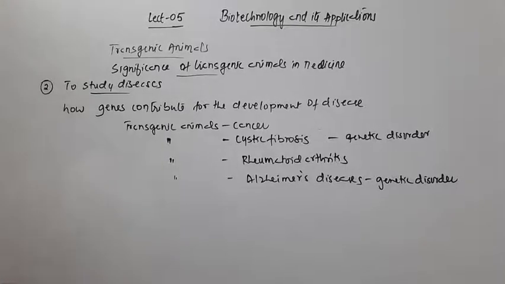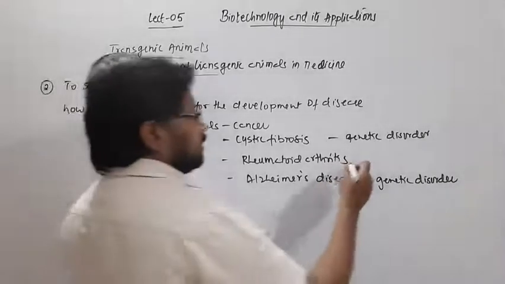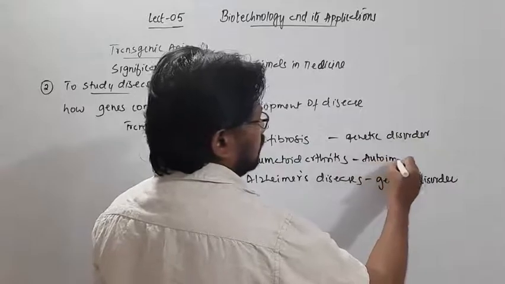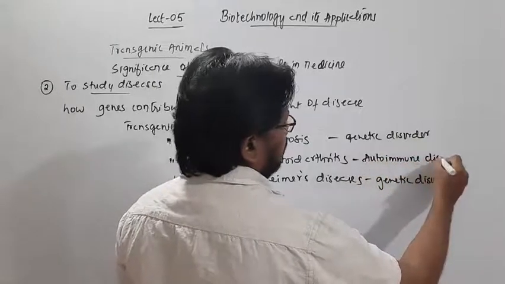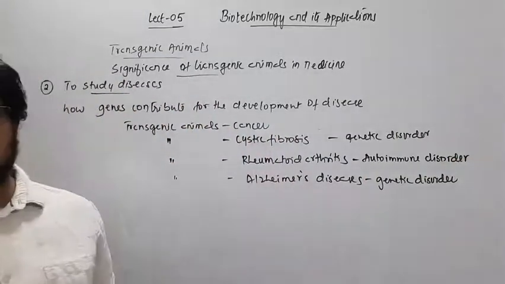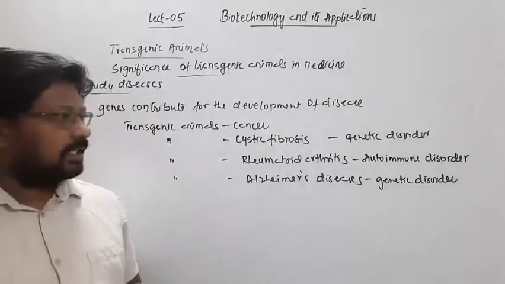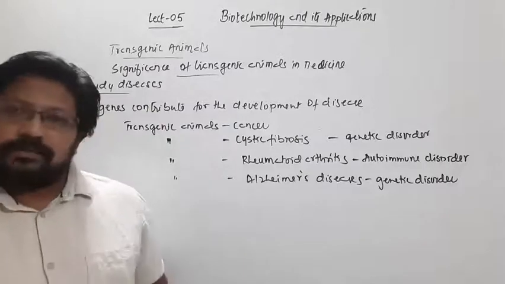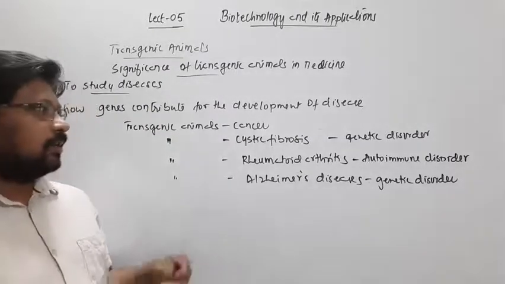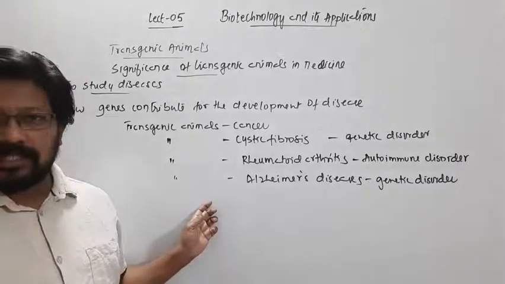And rheumatoid arthritis, of course, is an autoimmune disorder. The causes are not properly known for this disease, and we believe that there are some genetic as well as environmental factors involved in causing it.